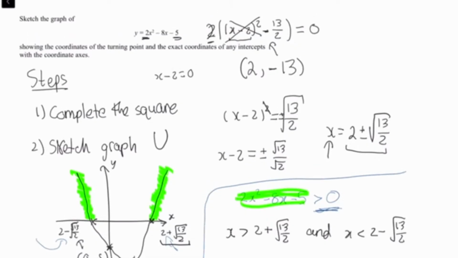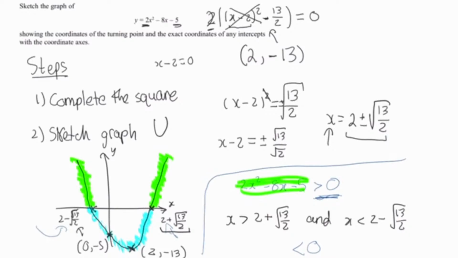Now if it asked something else, so let's say it said find where it's less than 0, then all that would mean is when it's under the x-axis. So it'd be this blue highlighted part. So that's all you need to remember for solving the inequalities. So now that we've done that, let's move on.